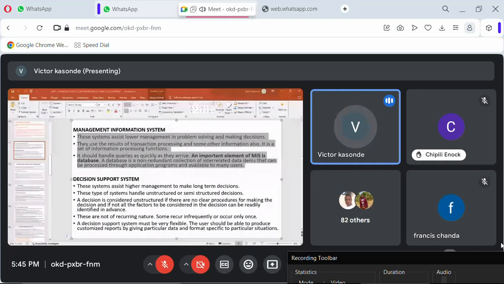They base on that. But management information system, they just plan for a few months, but decision, they plan for a longer period of time. Are you clear, sir?